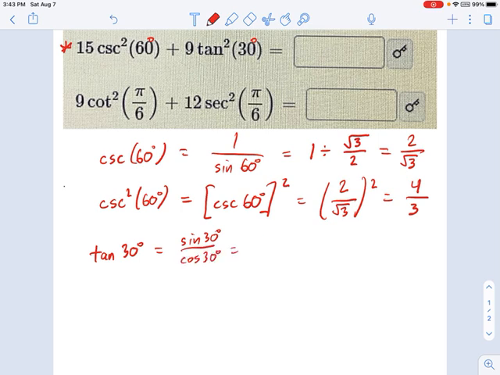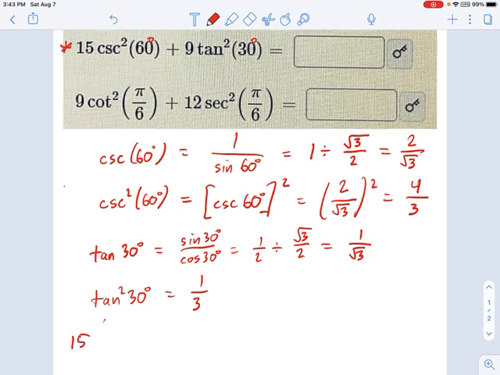Okay, now sine of 30 is 1/2. Cosine of 30 is radical 3 over 2. Keep flip change. This is going to turn into 1 over square root of 3. So that's your tangent of 30. And that means tangent squared of 30 is going to be 1 squared over square root of 3 squared, which makes 1 over 3.